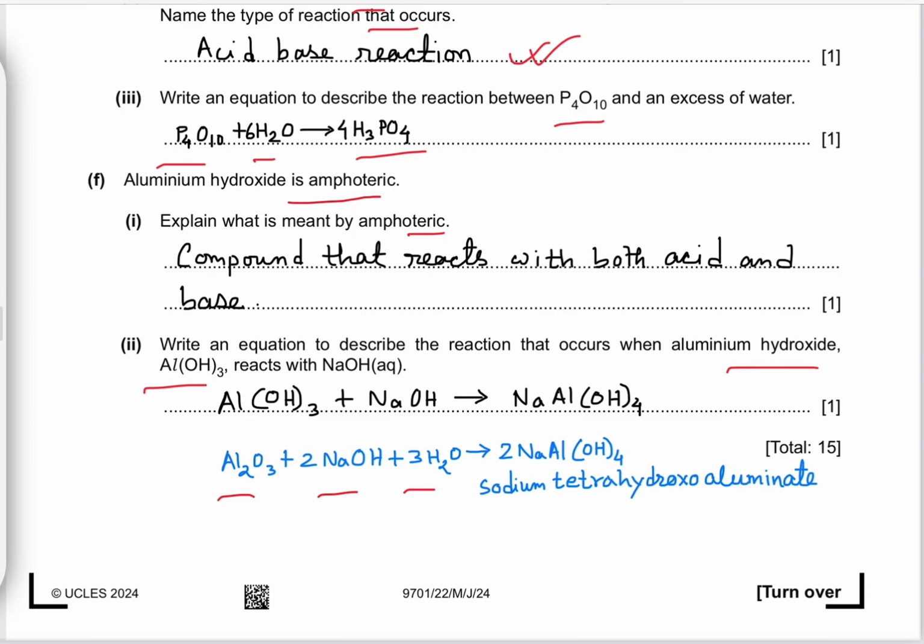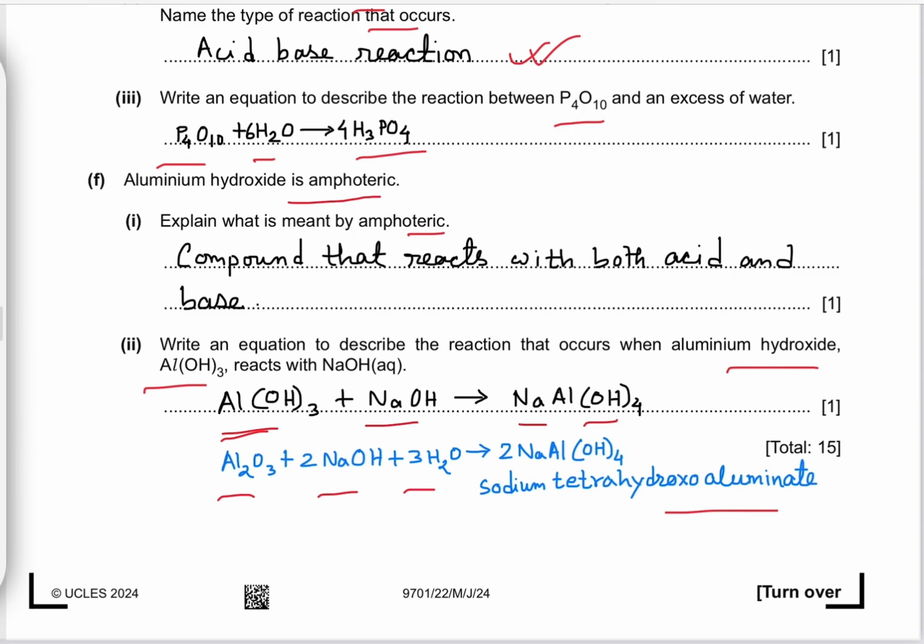It gives sodium tetrahydroxoaluminate. Now we will deal with the hydroxide of aluminium. So aluminium hydroxide with sodium hydroxide gives the same compound, sodium tetrahydroxoaluminate.